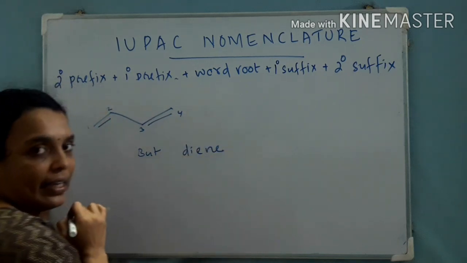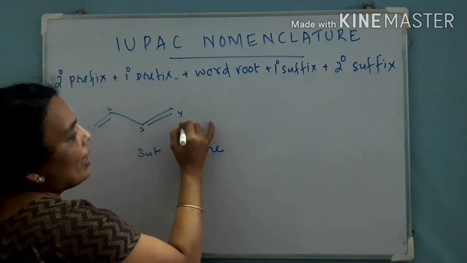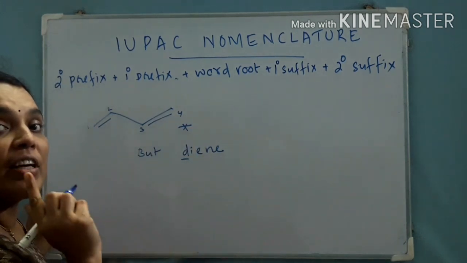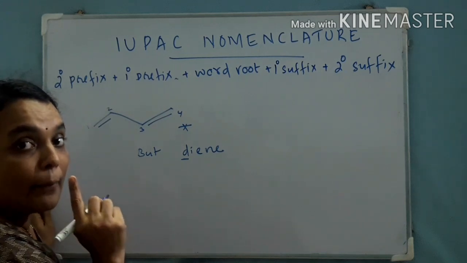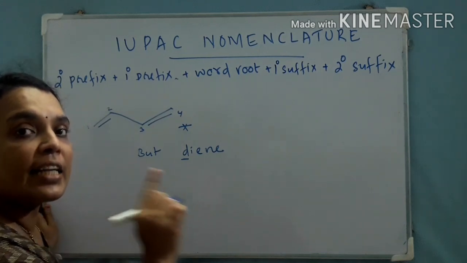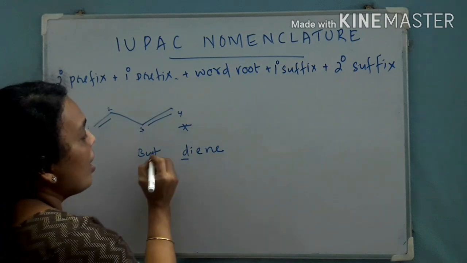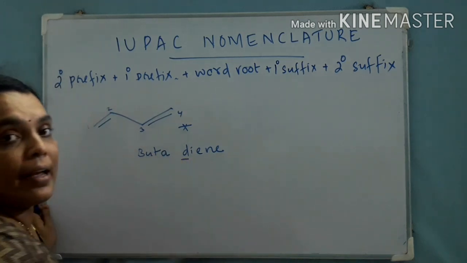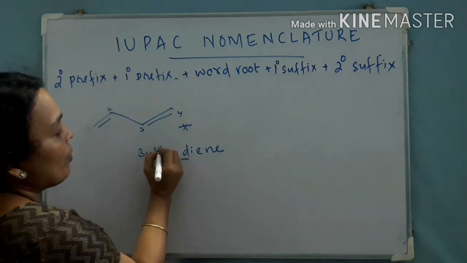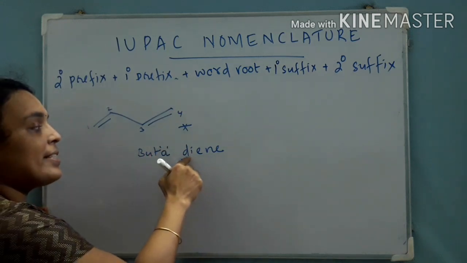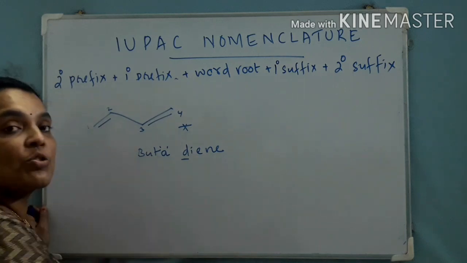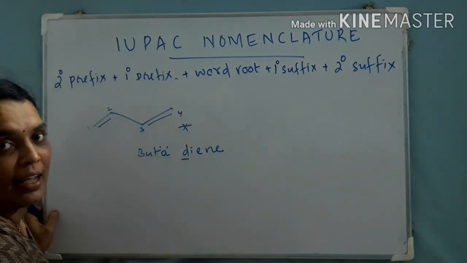So remember, there is a rule. If the primary suffix starts with a consonant, the word root has to end with a.